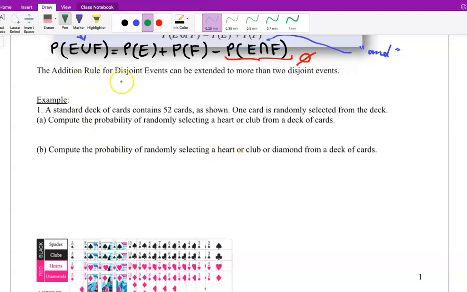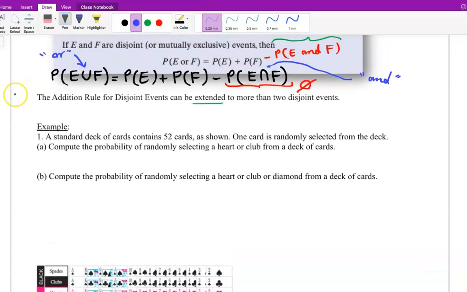Okay, and the addition rule for disjoint events can be extended to more than 2 disjoint events. I can have probability of E or F or G and so on. So this or means union.